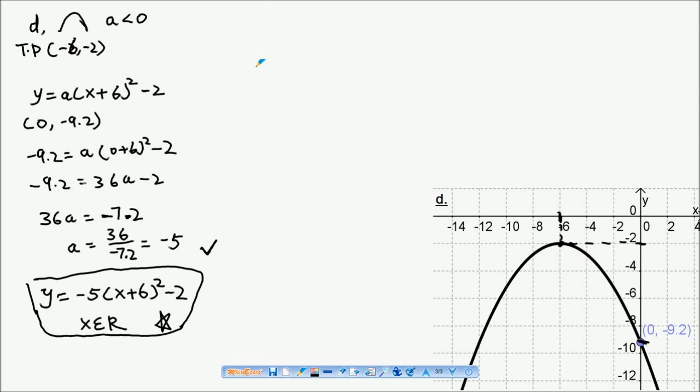This is basically how we find the equation if the examiner gives us a graph.